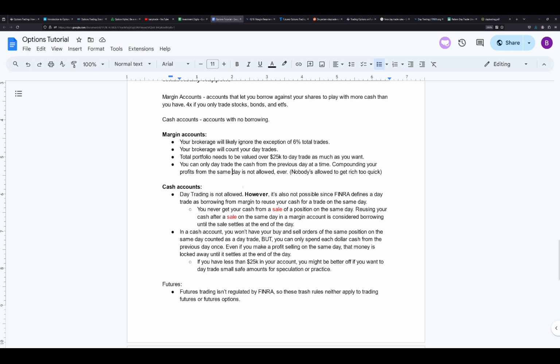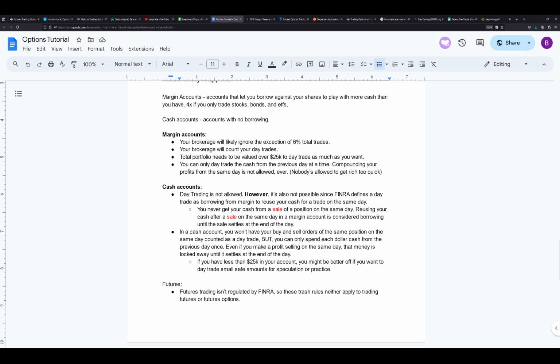So you'll get a margin call if you try buying $3,000 worth of stock and selling, say, for $4,000, because you're effectively borrowing money and breaking the second rule of FINRA on how you're allowed to borrow money.